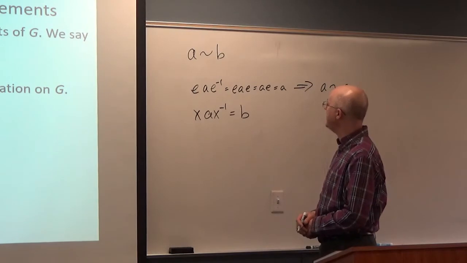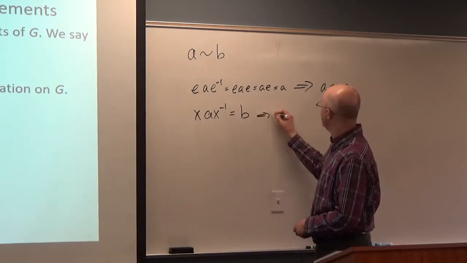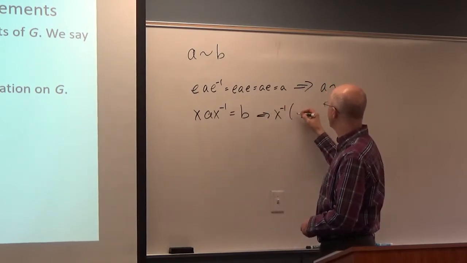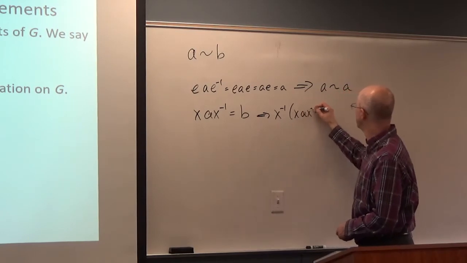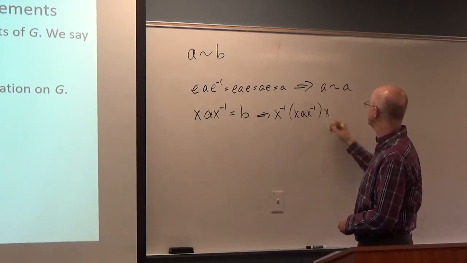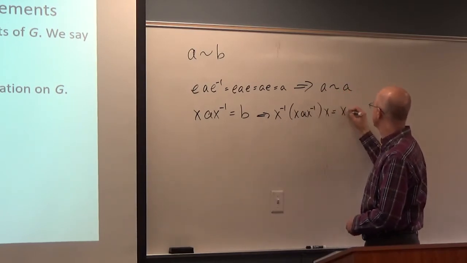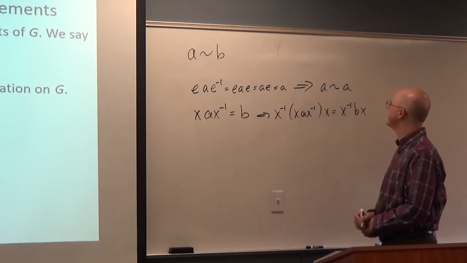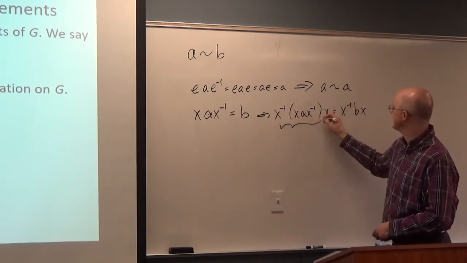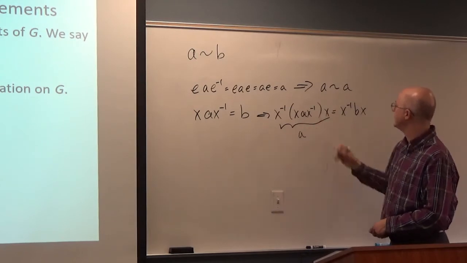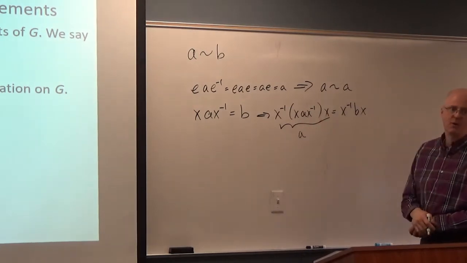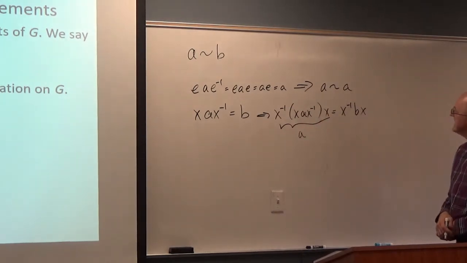To see why, left multiply both sides of this equation by X inverse, and right multiply both sides of the equation by X. This simplifies down to A. I won't show the steps. You can use the associative properties to show those steps.